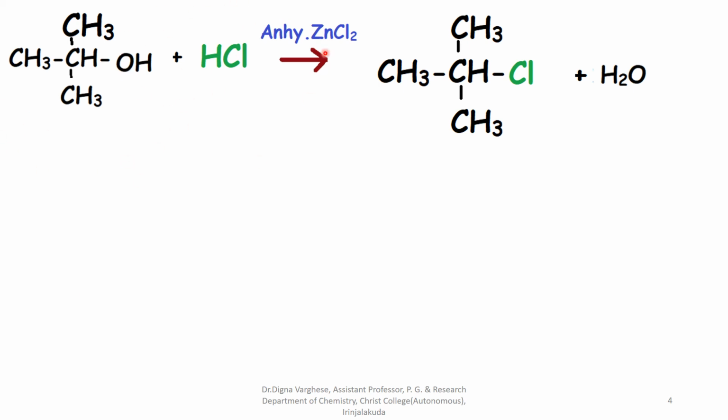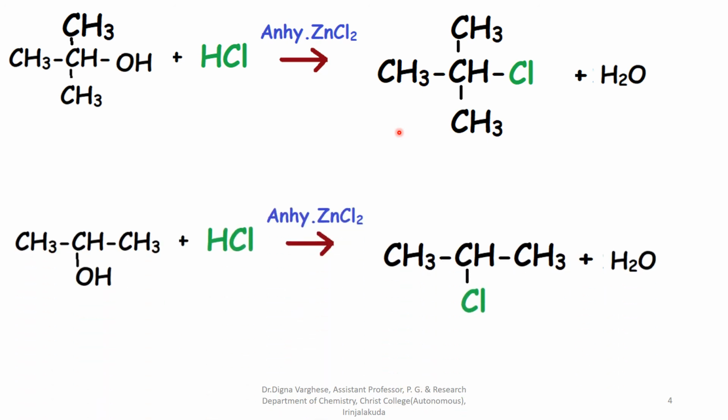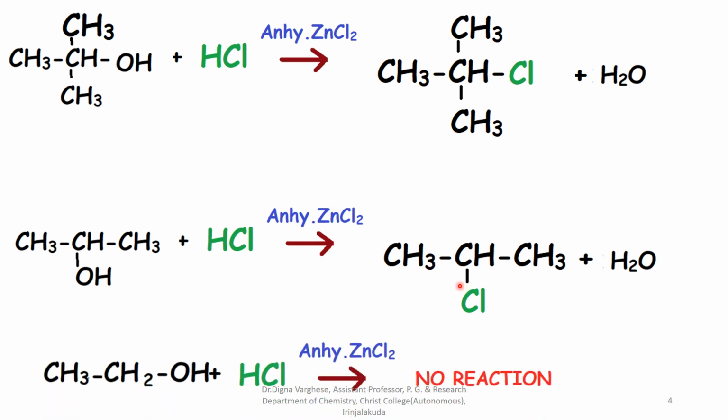The tertiary alcohol reacts with Lucas reagent. It will give immediately the precipitate or the turbidity with the Lucas reagent. Secondary alcohol reacts with Lucas reagent within 5 minutes. So it's a slow reaction, but it will give also turbidity. But primary alcohol does not produce any turbidity, or it will not react with Lucas reagent.